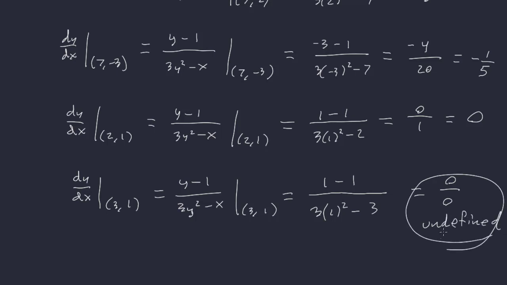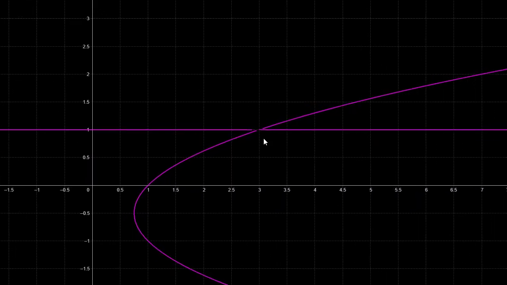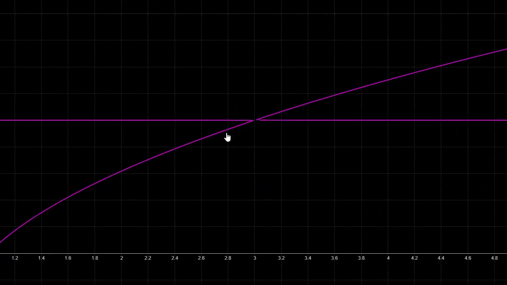And specifically why it's undefined, it's not really a case where we could take the limit, because there's not much we can do regarding this. But again, on the graph, this is where these two lines intersect.